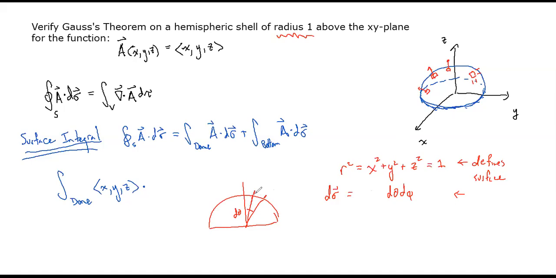So the latitude is just r d theta. It's the longitude that gets projected down into the xy plane, so if you want to make a little bit of distance out of d phi, it's got to be r sine theta d phi. That's the funky one. Okay, I got it backwards. Yep, and then this one is just r d phi. So you get r d theta and then r sine theta d phi, or r squared sine theta d phi.